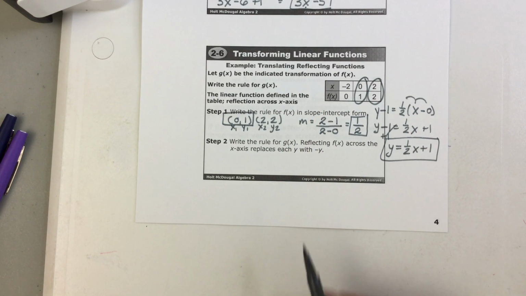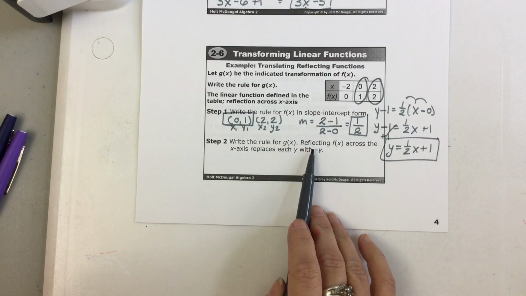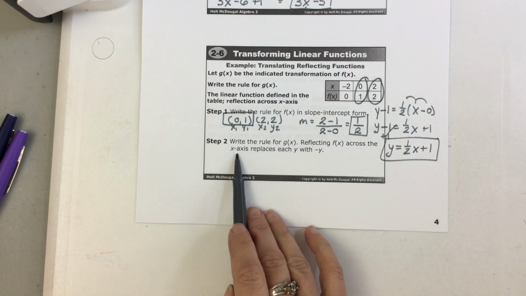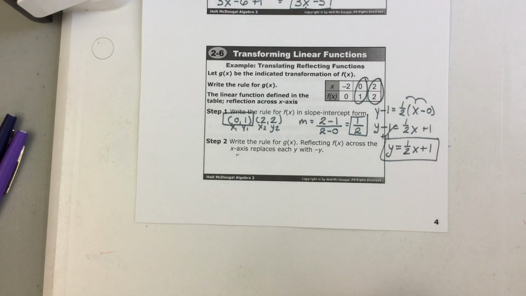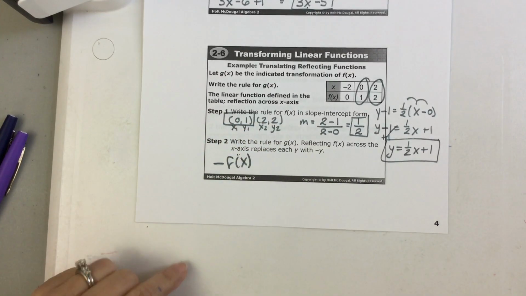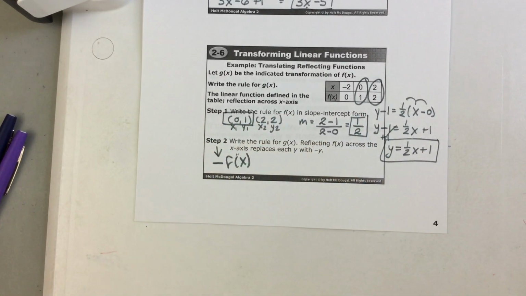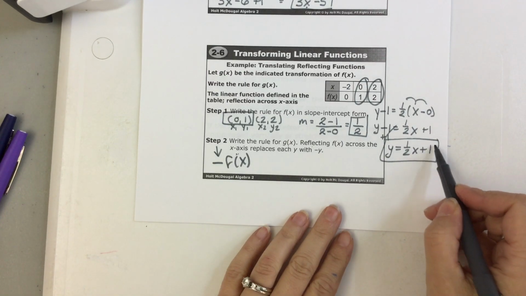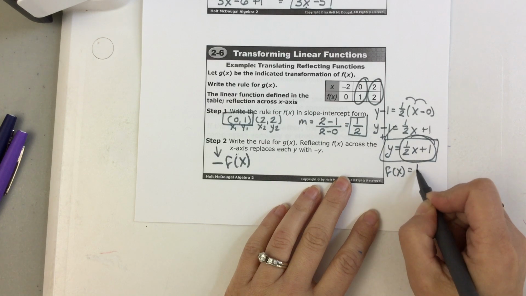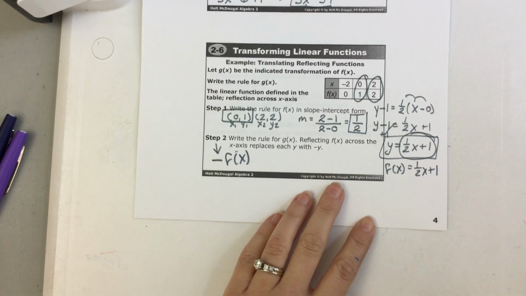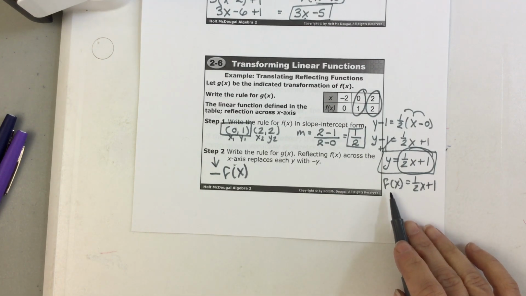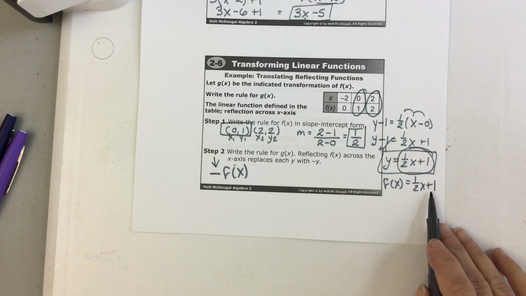If we want to go ahead and reflect this function across the x-axis, what this looks like is negative f of x. So you have to go ahead and distribute a negative into the whole function. Remember, y and f of x are interchangeable. Okay, so y equals 1/2 x plus 1 is the same thing as f of x equals 1/2 x plus 1.